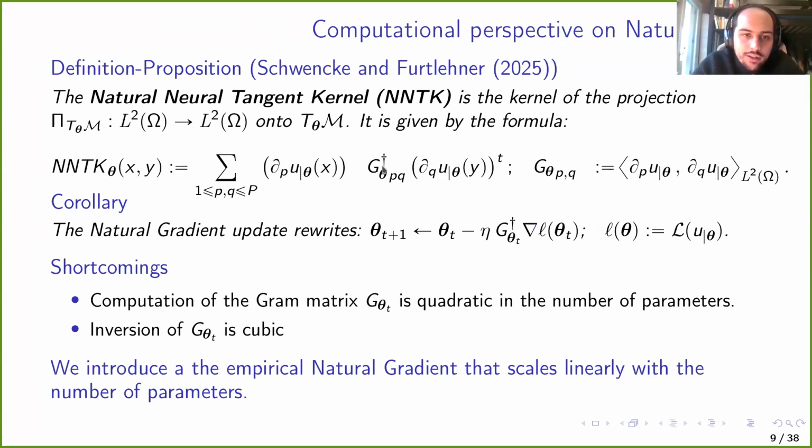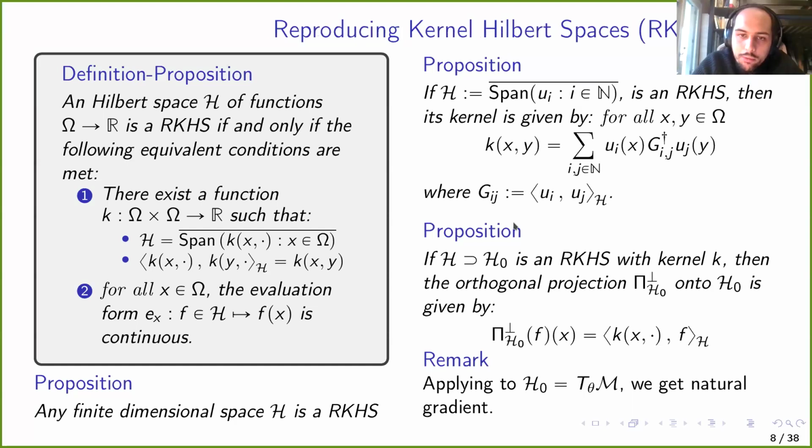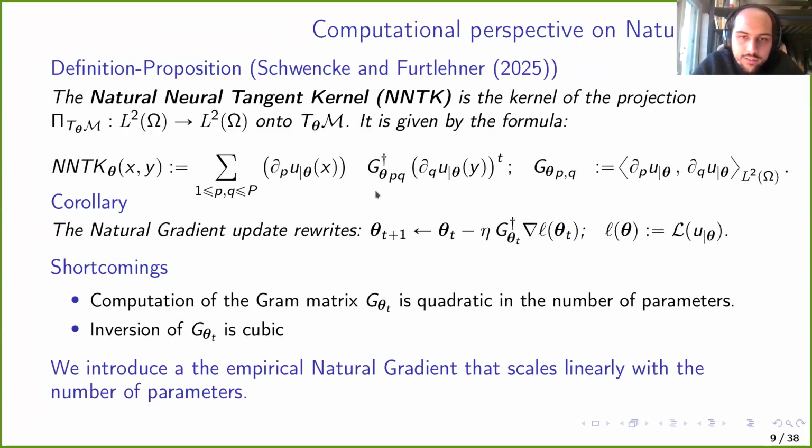Okay, and so concretely using this proposition, we define a new object that is called the Natural Neural Tangent Kernel, which is a generalization of the neural tangent kernel introduced by Jacot et al.